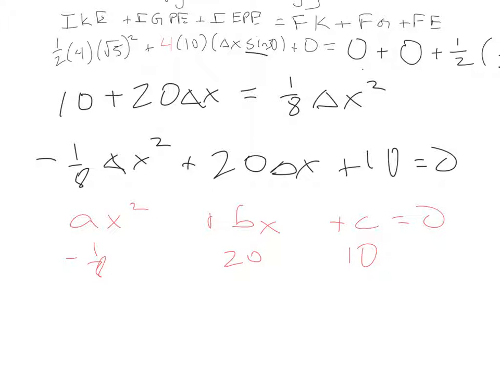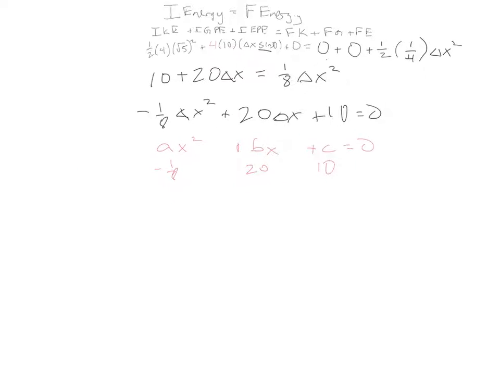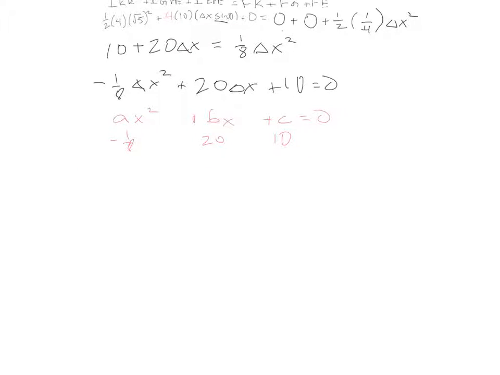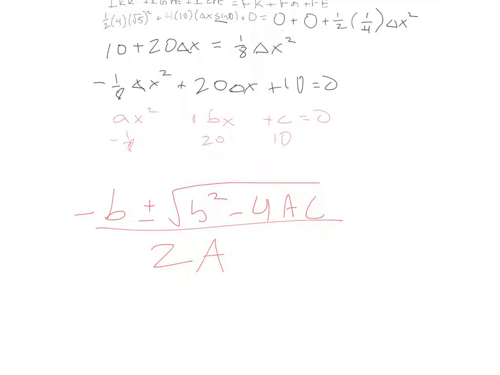So you get to listen to my tone deaf singing, and I know you've been looking forward to it this whole entire time. Think of the song Pop Goes the Weasel. And that Pop Goes the Weasel is how you memorize the quadratic formula. Hopefully you don't have to memorize it, but just in case, you're going to have a little way to get it. And it goes like this. Negative b plus or minus the square root of b squared minus 4ac all over 2a.